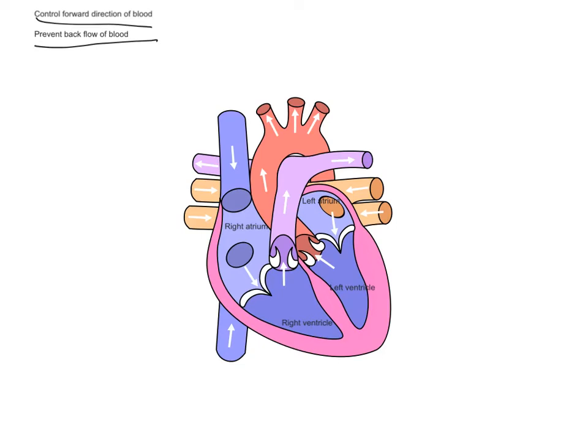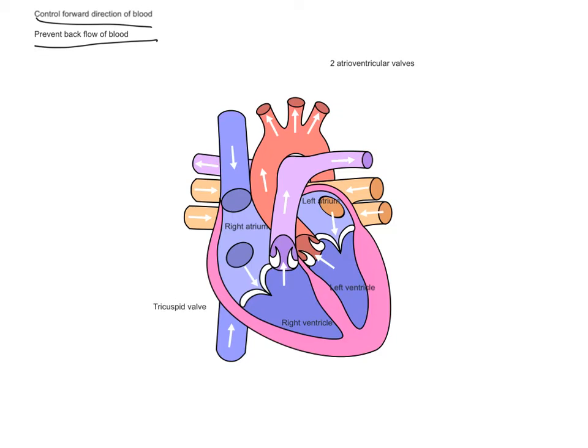In the heart, we have 2 atrioventricular valves. Because we have a right and a left side, they're named slightly different. So, on the right side, the atrioventricular or AV valve is called the tricuspid valve.